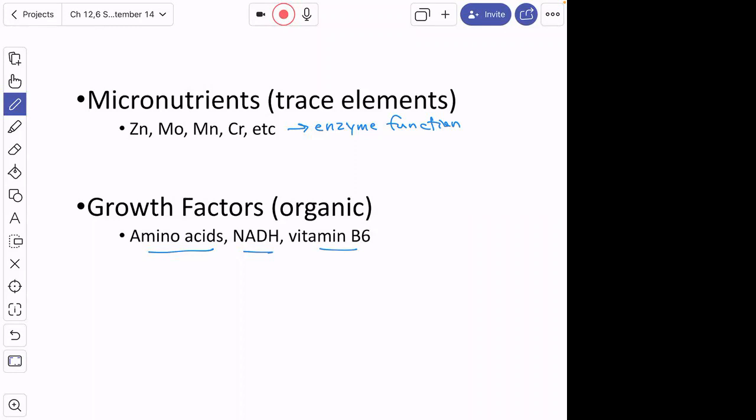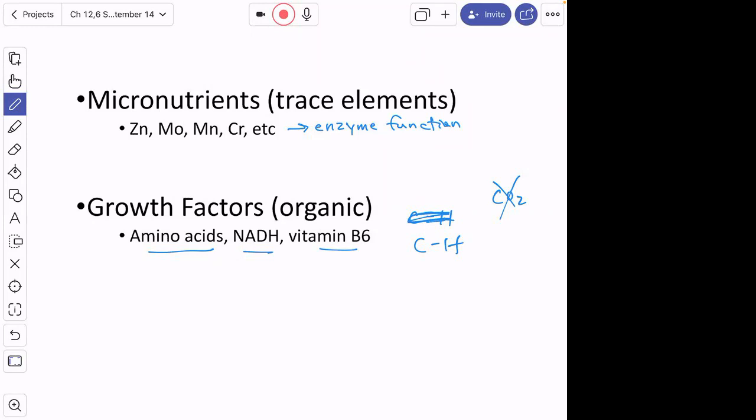Remember, something is considered organic if it has carbon-hydrogen bonds. I can remember at one point in my life just thinking, oh, if it has carbon in it, it's organic. Well, something like carbon dioxide is not considered organic because it doesn't have a carbon-hydrogen bond.